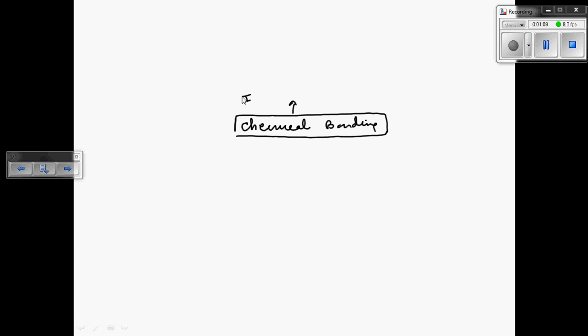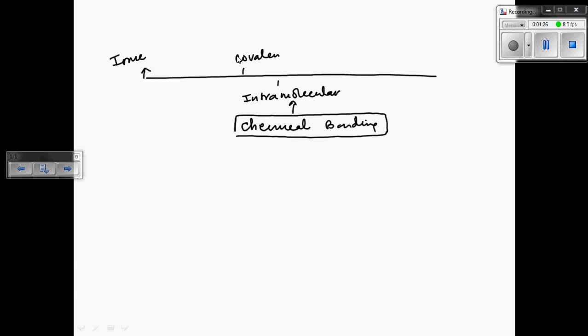And this intramolecular or interatomic bonding is of 4 types. Ionic bonding, covalent bonding, metallic bonding, and covalent network bonding.